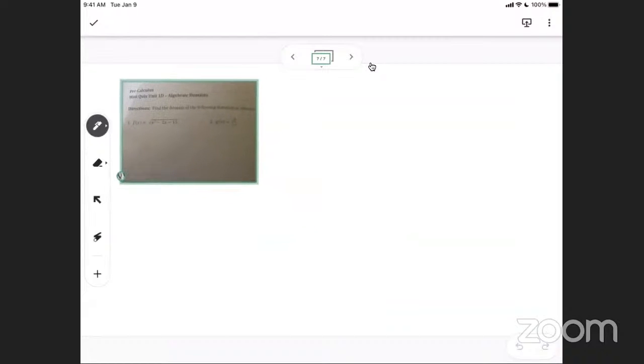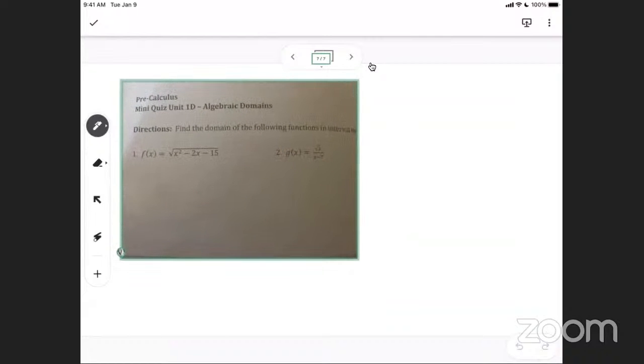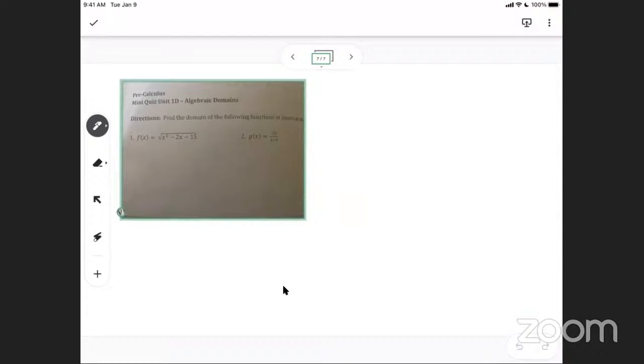All right, this question says, find the domain of the following functions in interval notation. We don't actually need it that big right here, because I'm going to want to just use the white screen. So instead, let's make that smaller again, and I'm going to add a white screen. I'll teach you how to do this too, so you can do it if you ever need to.